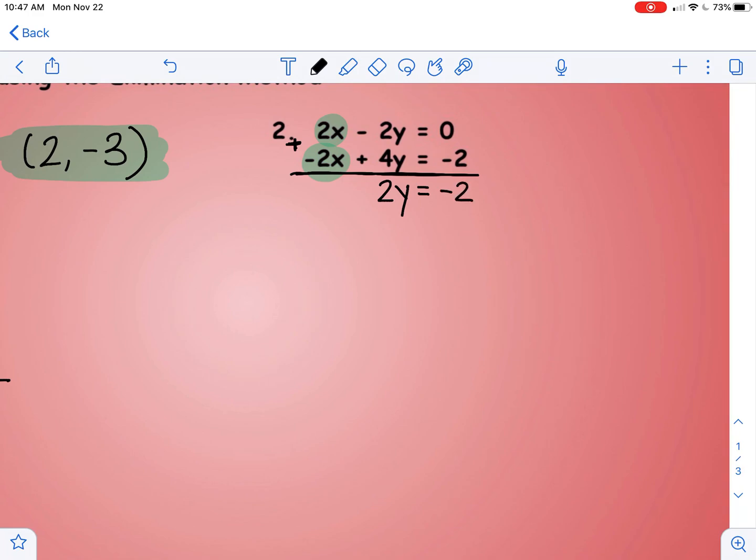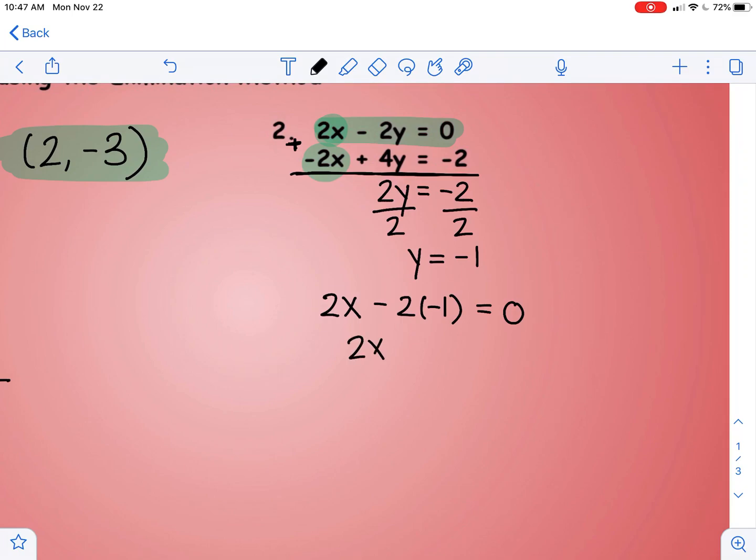So from here, I have a one-step equation. So I'm going to go ahead and divide by my coefficient. And I'm going to get y is equal to negative 1. So then I'm just going to use this top equation right here, where I've got 2x minus 2 times negative 1 is equal to 0.